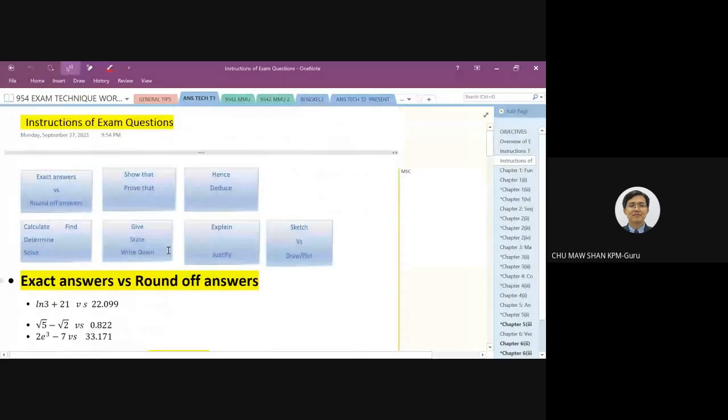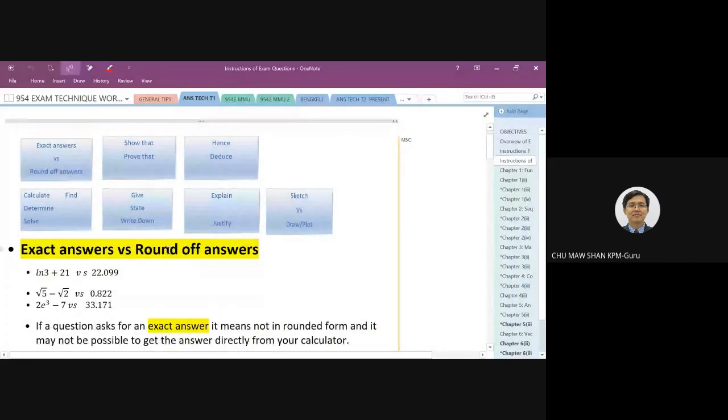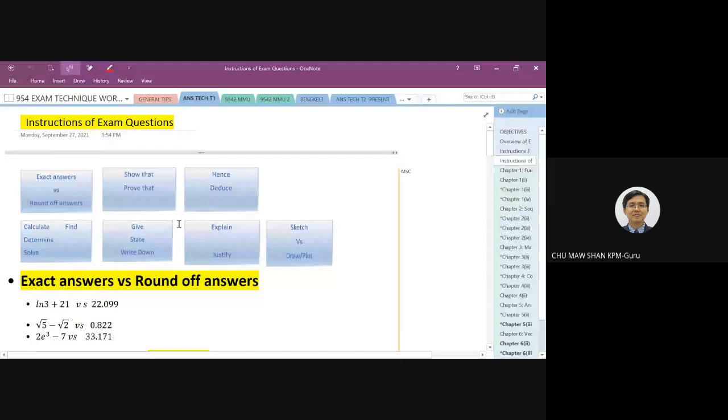Okay, let us go through briefly the instructions of exam questions. Exact answers versus rounded answers. Show that, prove that, hence, deduce. All this you must really know how to handle.